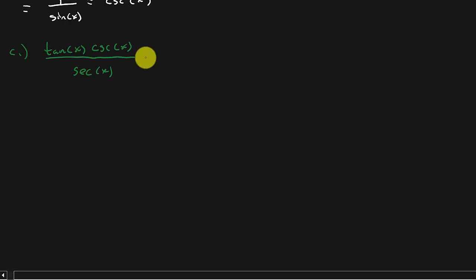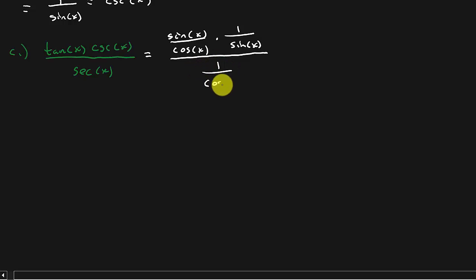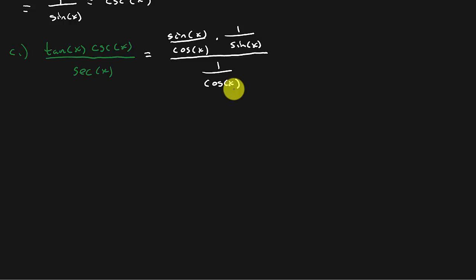All right, so let's look at another one. Here we've got tangent, which is sine over cosine, times cosecant, which is 1 over sine, over secant, which is 1 over cosine. It looks messy, it looks complicated, but really it's not.